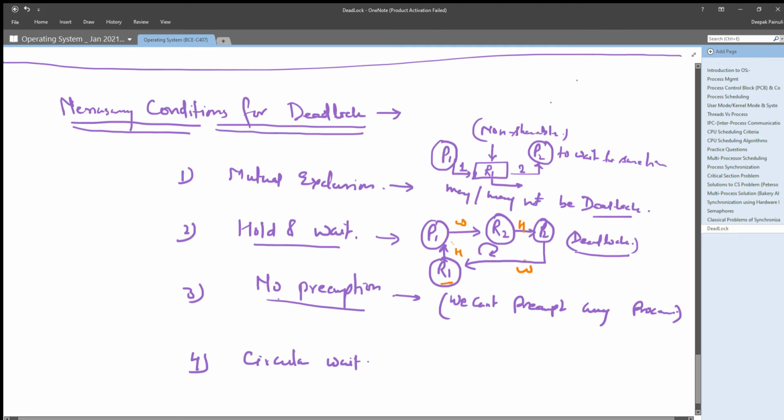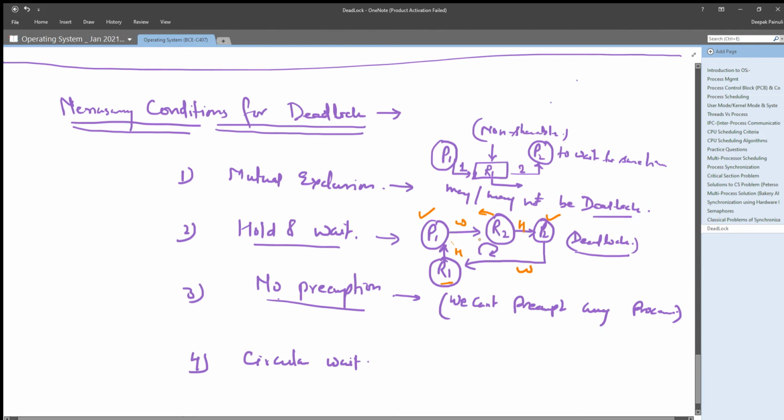We can break this loop only if one of these processes, either P1 or P2, releases the resource it is holding. Let us say P2 has released R2 for some time. That means R2 will be open for P1. Now the loop will be broken and P1 will execute its task and terminate, and after the termination of P1, P2 gets all its resources, right?